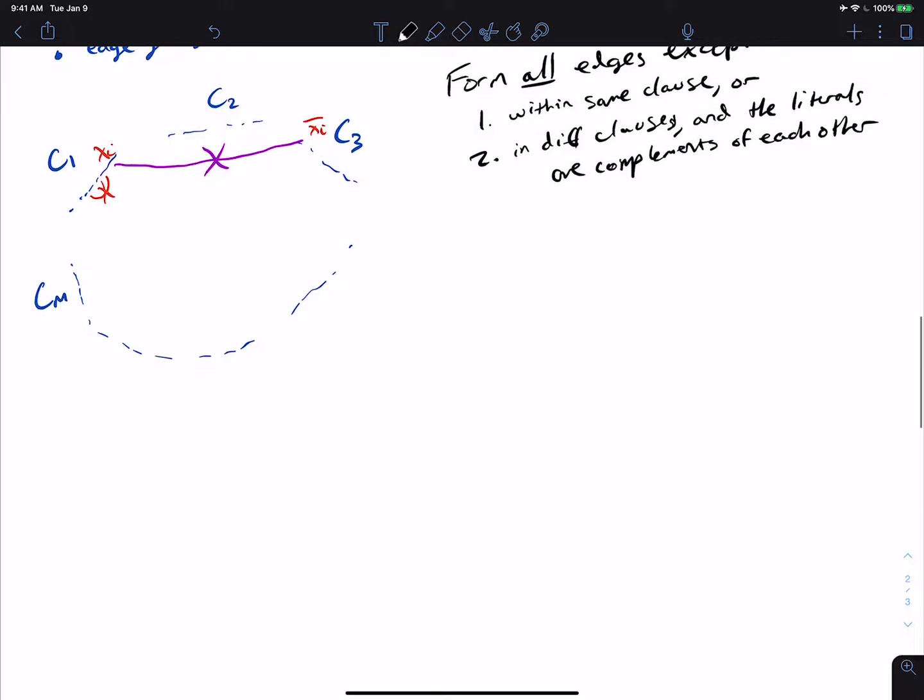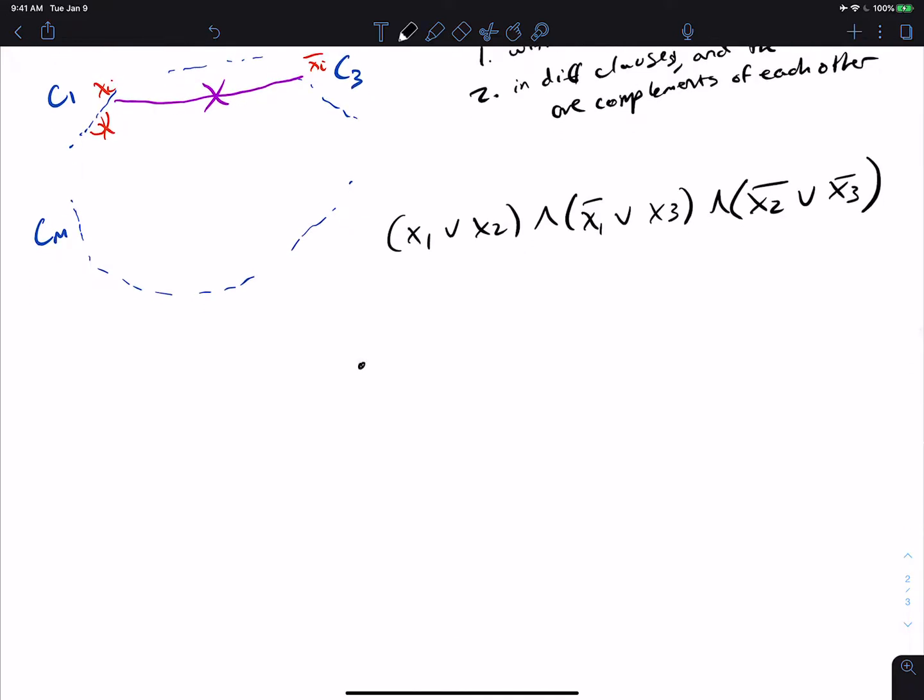So let's do an example of this. So let's say we have x1 or x2, and x1 bar or x3, and x2 bar or x3 bar. So we're going to have 6 vertices. So this is going to be x1, x2. This is clause 1.